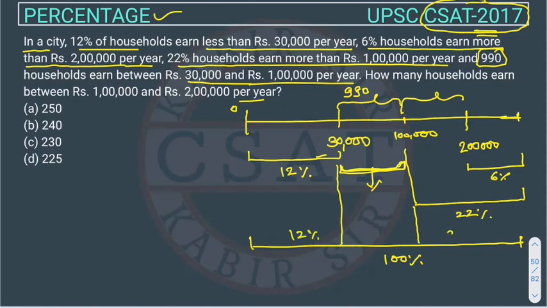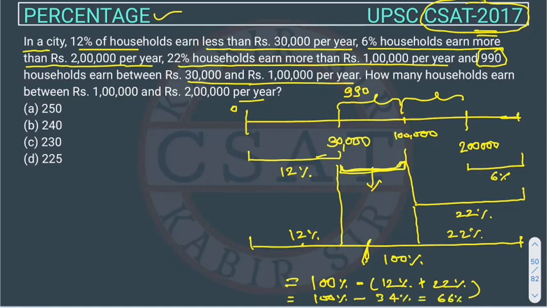So if we add these and subtract from 100, so 100% minus 12% plus 22%. So this will be this figure or not? I hope you all get it, right? So it will be 100% minus 34%, so it will be 66%. So this one will be 66%, right?